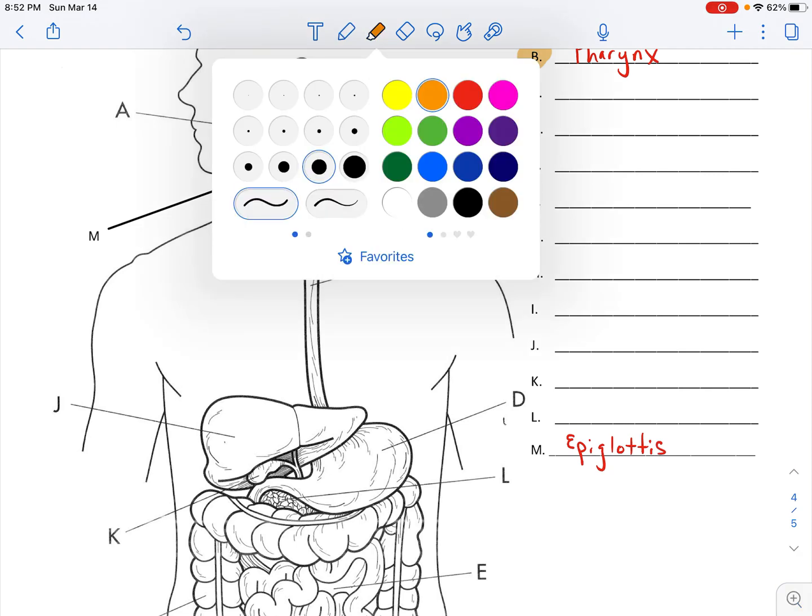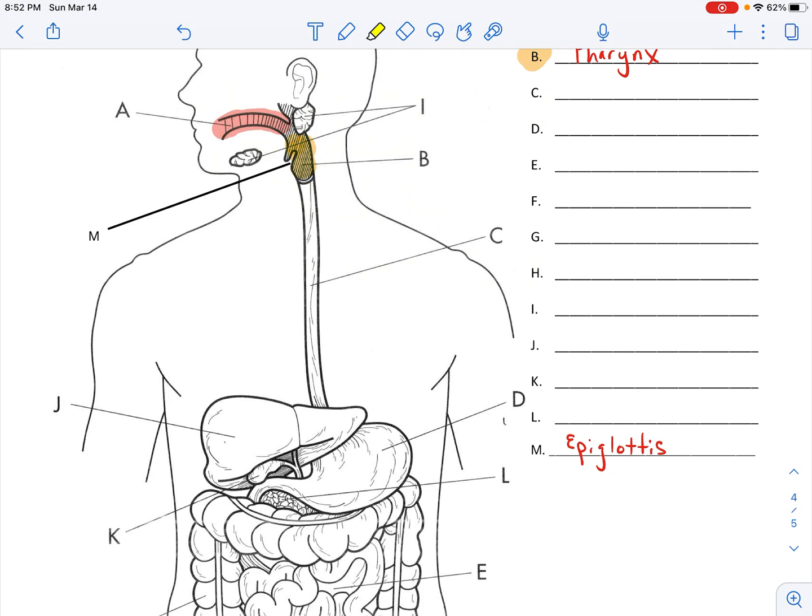The epiglottis is a flap in the back of the throat that prevents food from going down your windpipe or trachea so that you don't choke. So as you swallow, the epiglottis folds down and covers your trachea so that you don't bring water and solids into your windpipe, which could essentially cause you to choke.